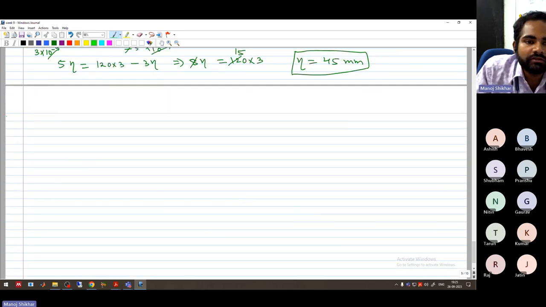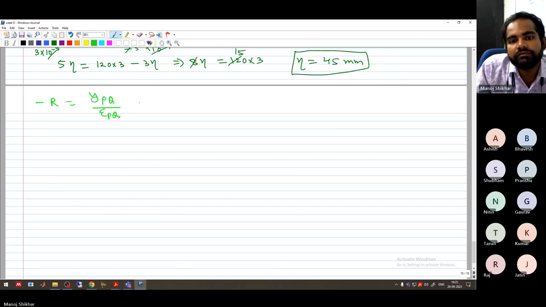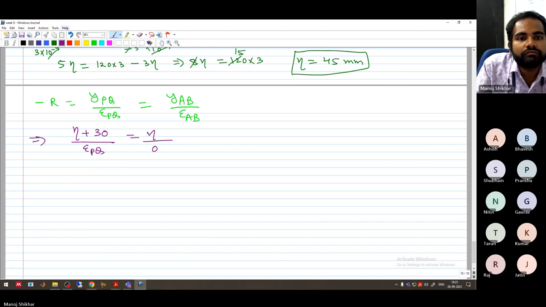So for point PQ also we can write minus r equal to y PQ upon epsilon PQ equal to y AB upon epsilon AB. Now we know that y AB is eta, and what will be y PQ? y PQ will be eta plus 30, upon epsilon PQ equal to eta upon 3 into 10 power minus 4.